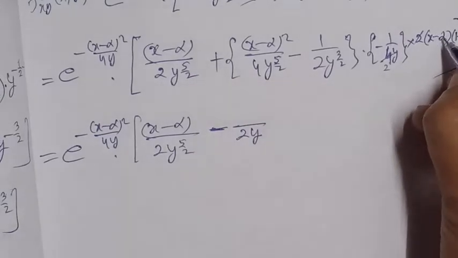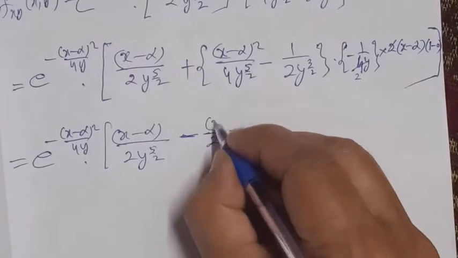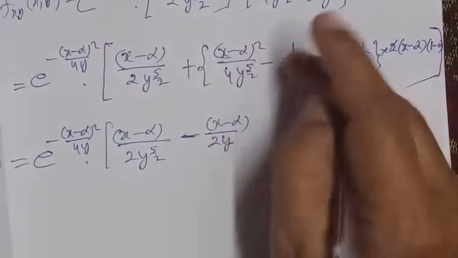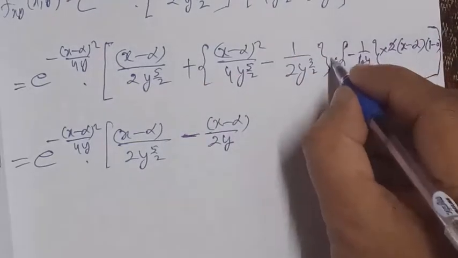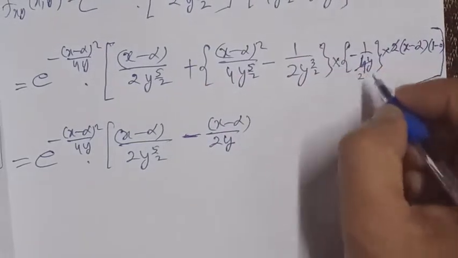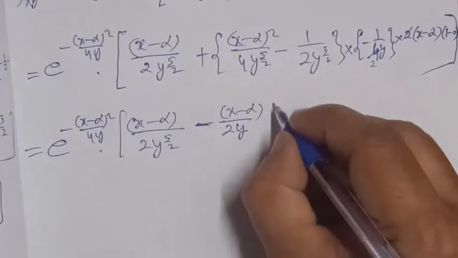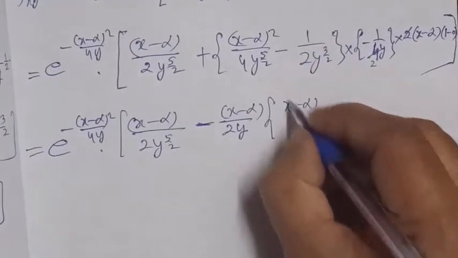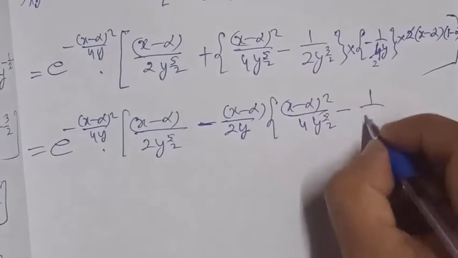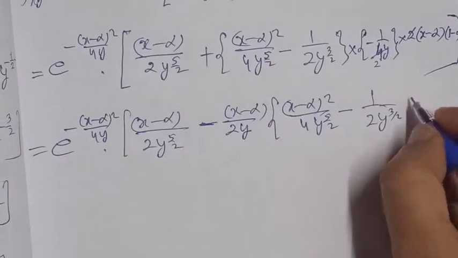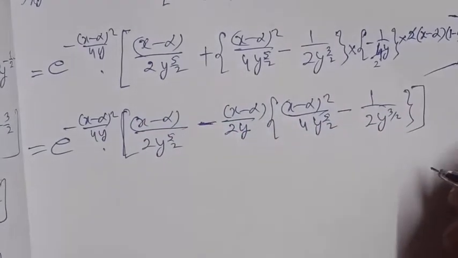What x minus alpha multiplied by 1 becomes x minus alpha, so I write here x minus alpha, because these values are in sign with the multiplication. So I write this value now, (x minus alpha) whole square upon 4y to the power 5 by 2 minus 1 upon 2y to the power 3 by 2, close bracket, and the square bracket also closes here.